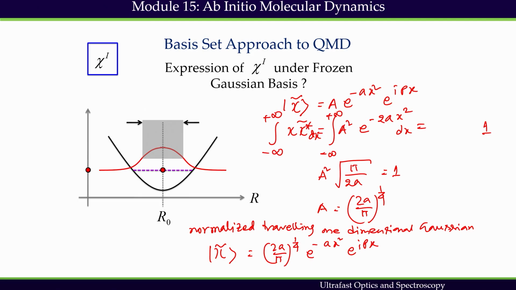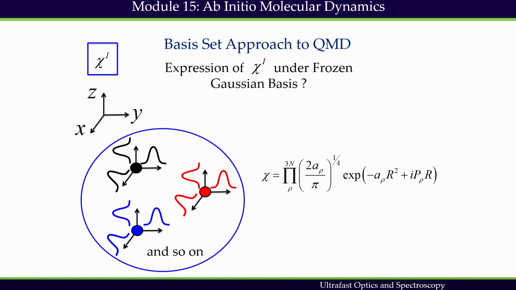normalized traveling one-dimensional Gaussian. Now, if we have n number of atoms, let's say, then I have 3n number of total degrees of freedom, because each atom can move along x, y and z direction.